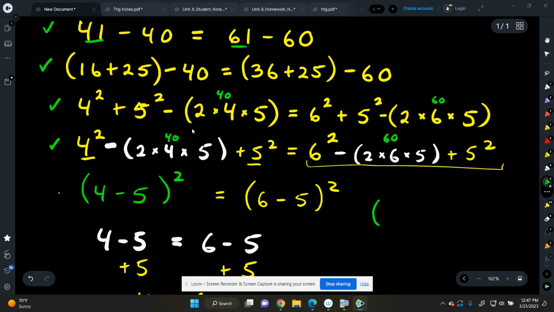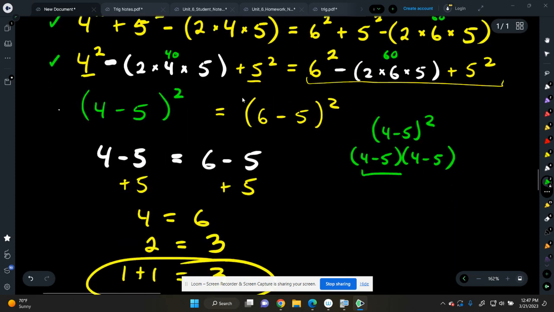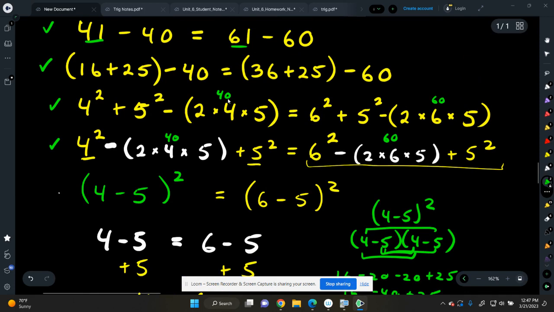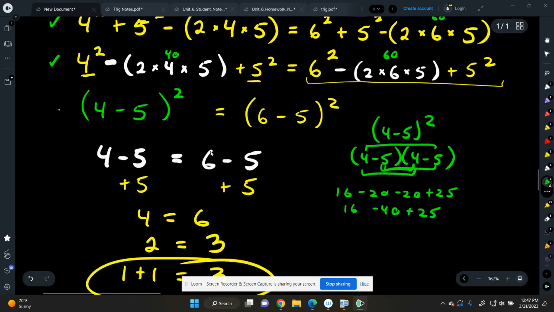I showed you that (4 minus 5) squared is equal to (4 minus 5) times (4 minus 5), which gives me, if I FOIL, 16 minus 20, minus 20, plus 25. That's 16 minus 40 plus 25, which is what we have up here. So I factored it. Then I took the square root of both sides.